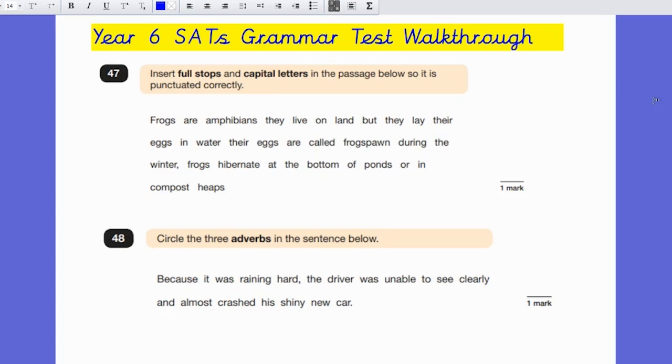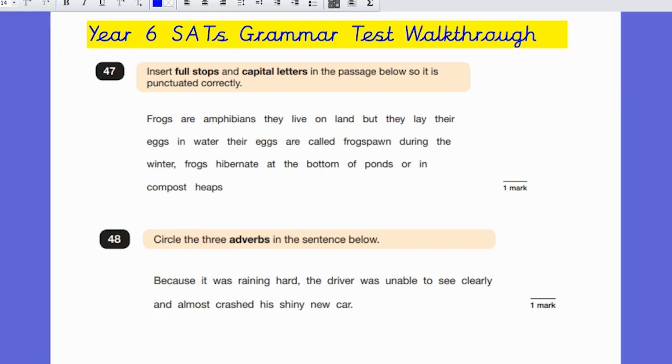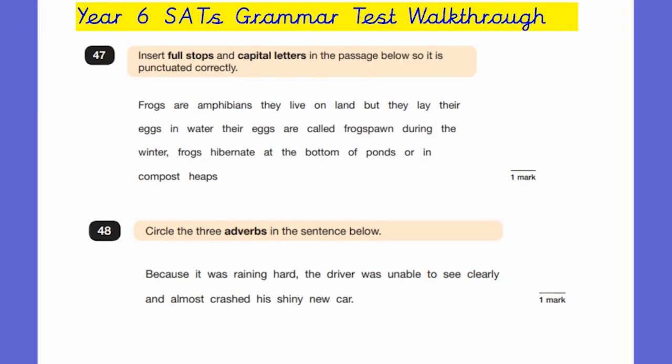Number 47. Now, I hadn't seen a question like this in the SATs papers for a long while, so I like to see questions like this, although children can often find them quite tricky. Insert full stops and capital letters in the passage below so it is punctuated correctly. Frogs are amphibians. So I'd need a full stop there because I know that's the end of my sentence.